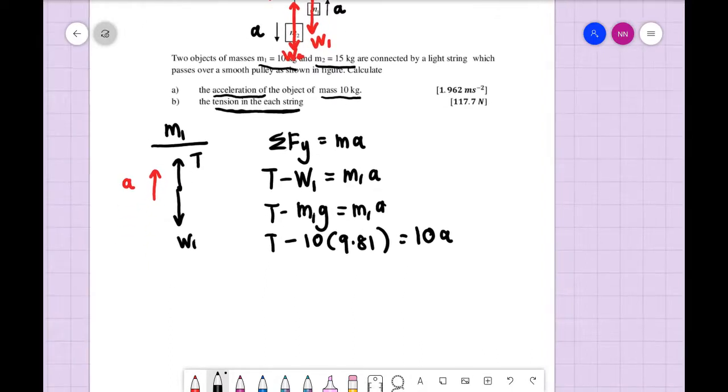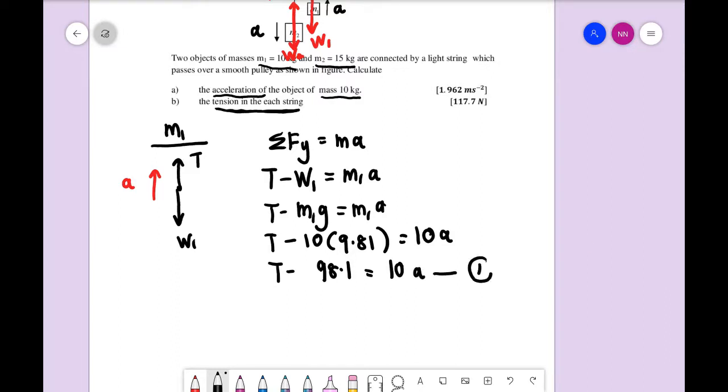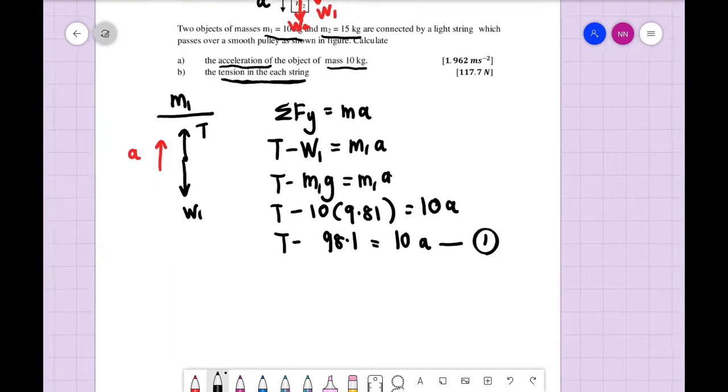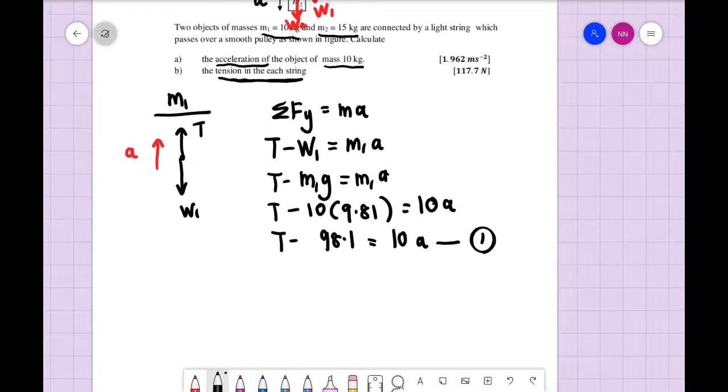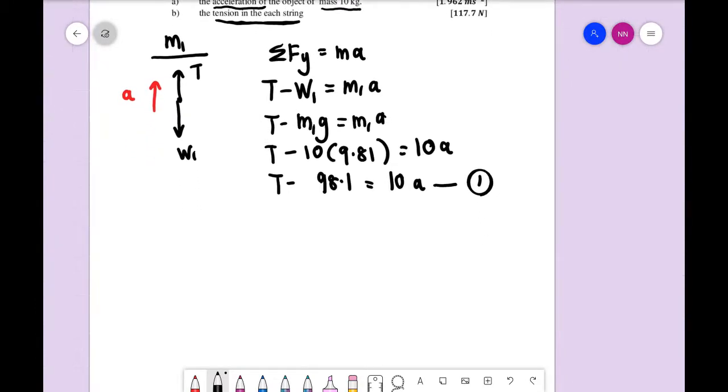So we can simplify: T minus 98.1 equals 10A. So we have two unknowns in this equation. Okay, and then proceed to M2.